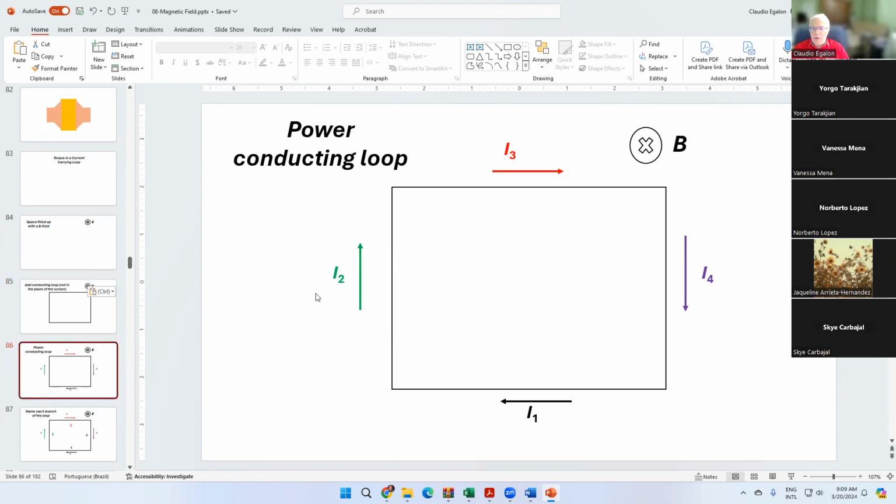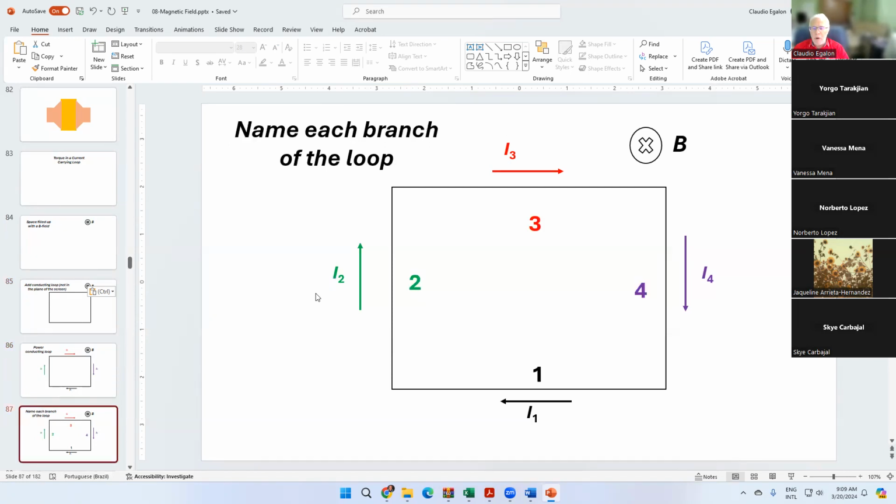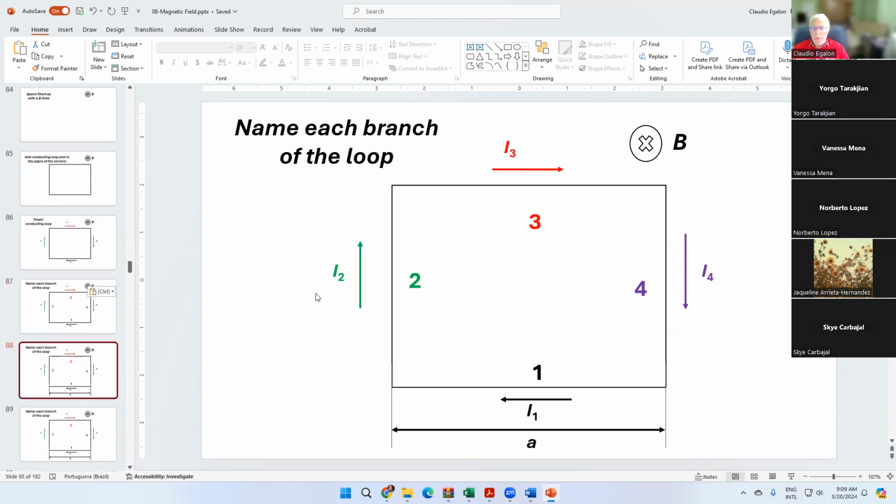So here you go. We set a current around the loop. We have branches 1, 2, 3, and 4. That's the length of one of the sides of the loop, because this loop is not in the plane of the screen. So what we're going to have is a side here.